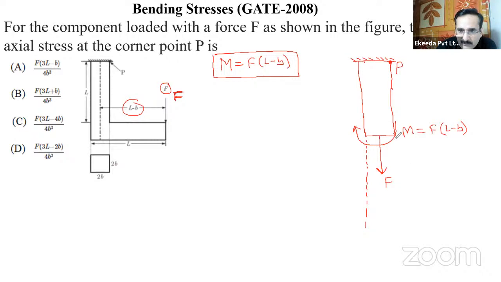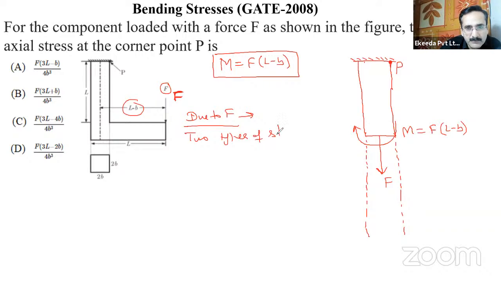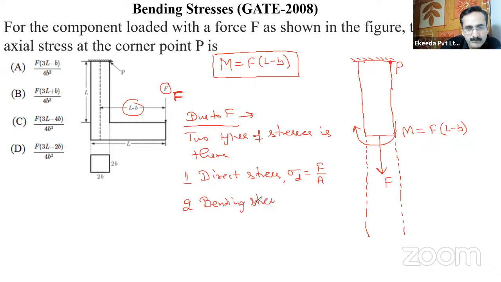So there will be two types of stresses due to F. One is the direct stress, sigma d, given by force upon area, and another is the bending stress, sigma b, which is given by My by I, right?